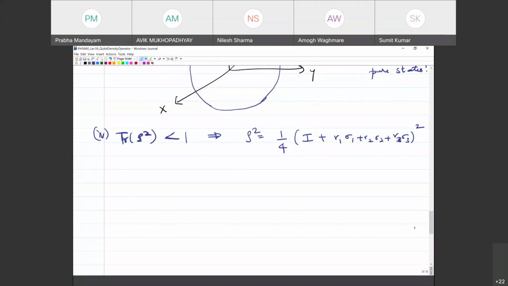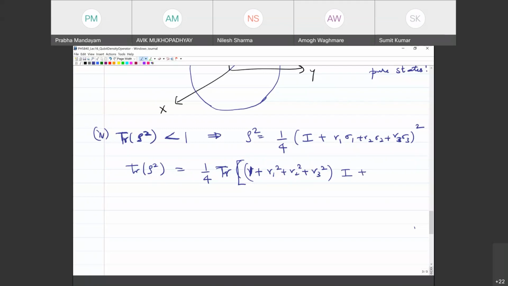So when I write down trace rho squared, I'm going to get 1 by 4 trace of 1 plus R1 squared plus R2 squared plus R3 squared times identity, plus, are there other terms which are going to contribute to the trace?